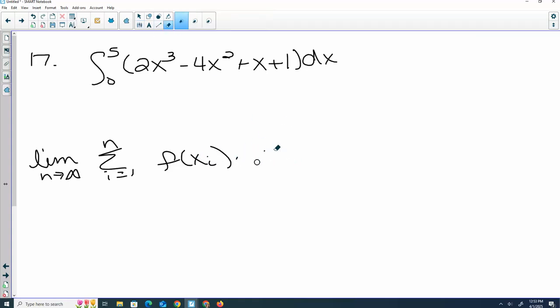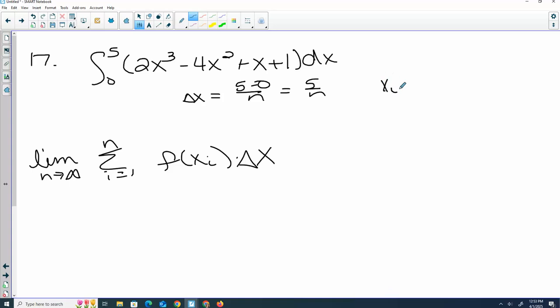So, we come up here. We need to find out what our change in x is. So ending minus beginning divided by n, so it's 5 over n. We need x sub i, which is our starting point, plus the change in x times i. So 5 over n times i.